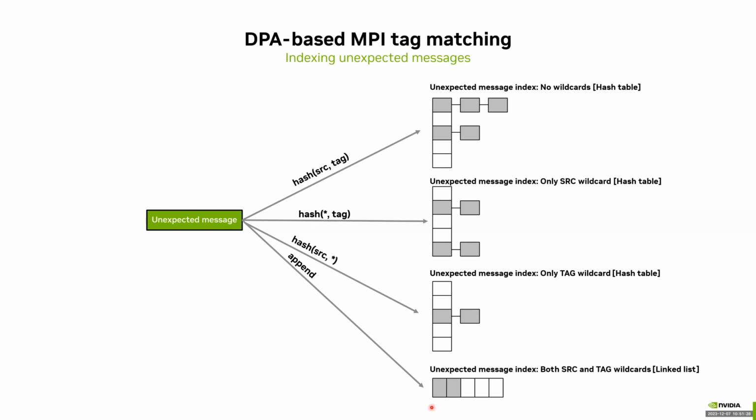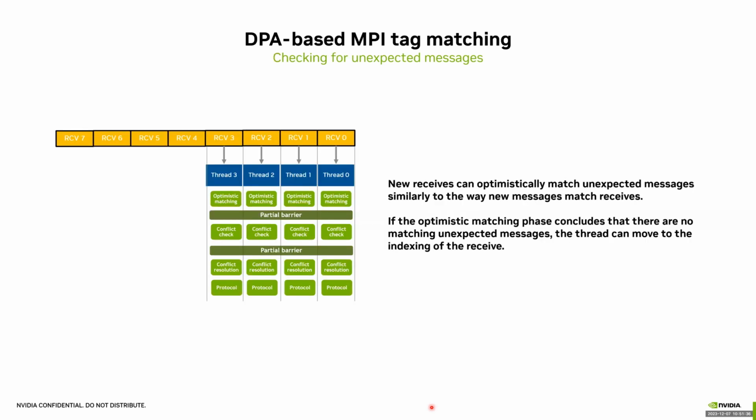But once we have this kind of indexing, the matching that happens when a receive comes is very similar to the matching that happens when a message comes. Now here we have receives that are being posted by the host, and not messages, right? So we still observe them in order, and we can have basically the same structure. We can say, okay, everybody tries to optimistically match an unexpected message now. Then if there is a conflict, the first receive has to win, the oldest receive has to win.